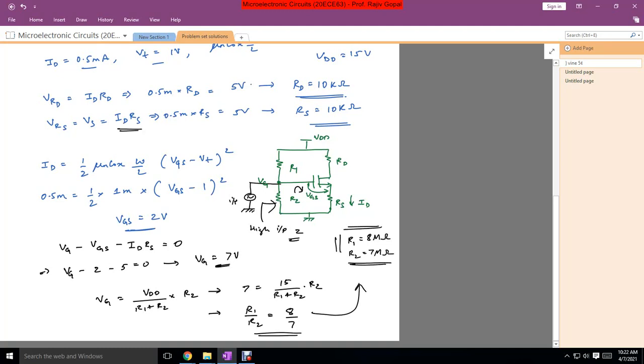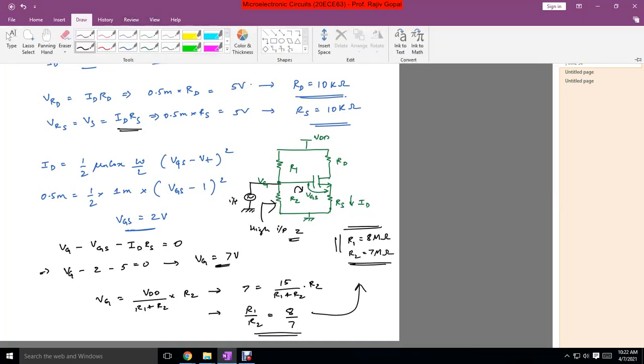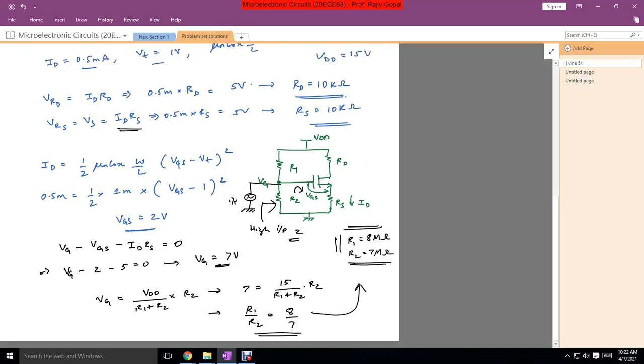So the final diagram which you have, let me clear some of this.